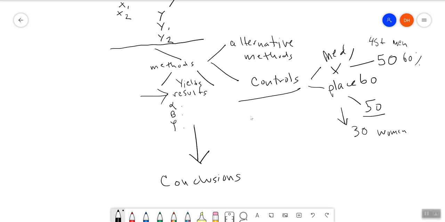These are just things that, as you're writing papers, especially in the sciences, you're going to have to deal with. So we get results. Let's say alpha, beta, gamma. We do this experiment. The results are that people given medicine X, 50 years or older, report a much higher reaction to the medicine.